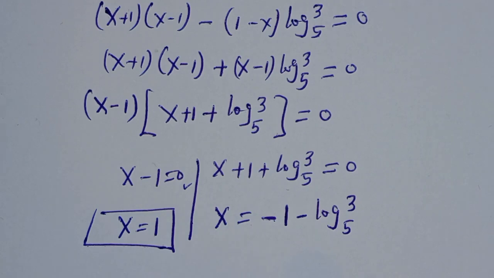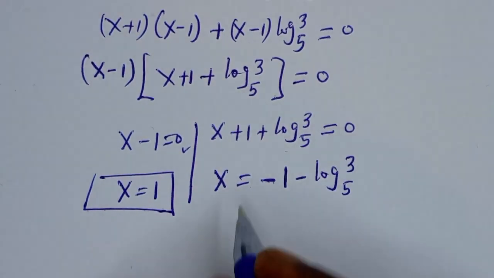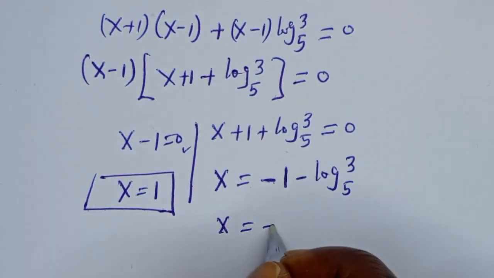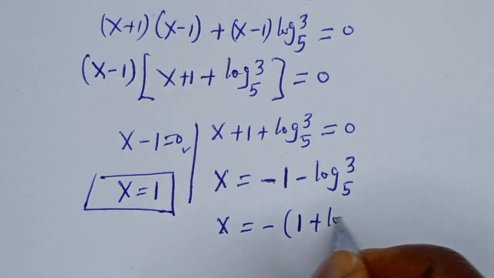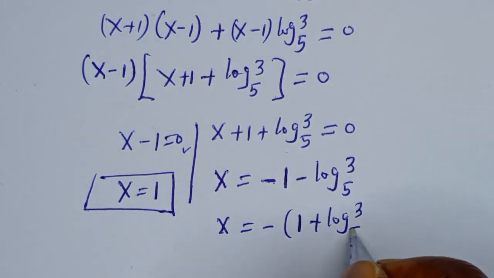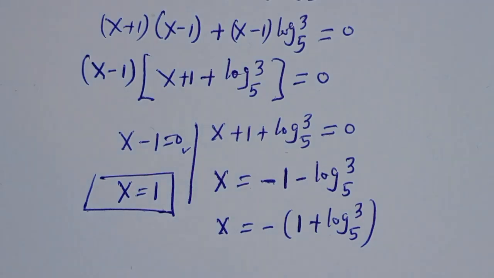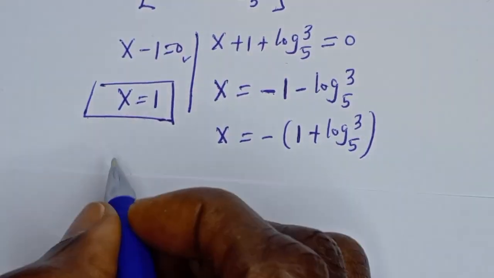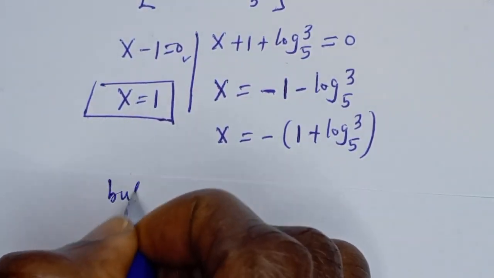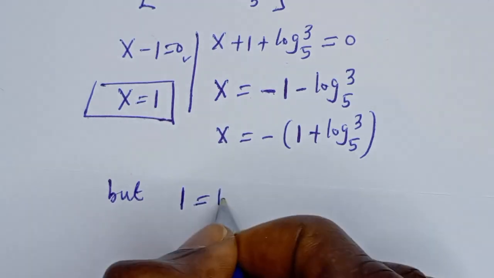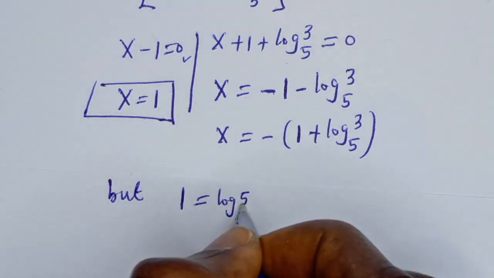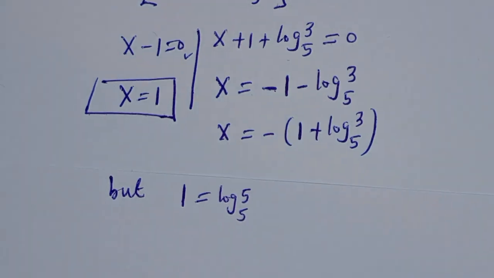Then s is equal to minus bracket 1 plus log 3 base 5. But 1 is equal to log 5 base 5. Then let's substitute.